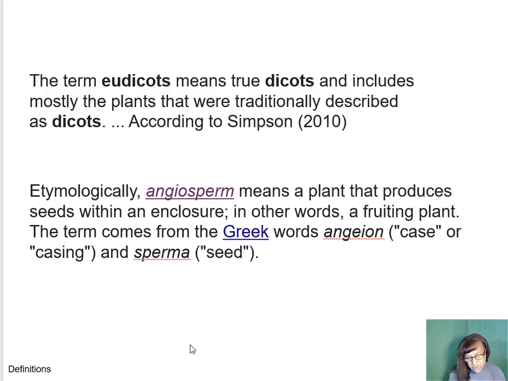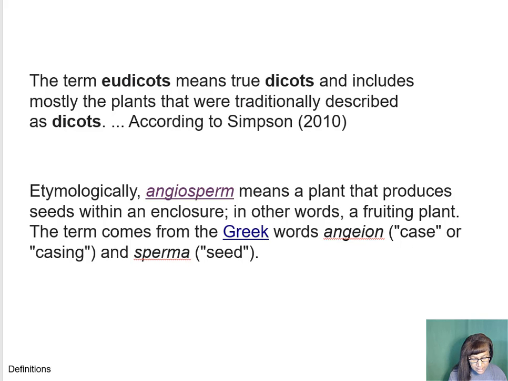This basically just means a plant that produces seeds within an enclosure. In other words, a fruiting plant. This term comes from the Greek words angion, which means case or casing, and sperma, which means seed. So angiosperm, a plant that produces seeds.